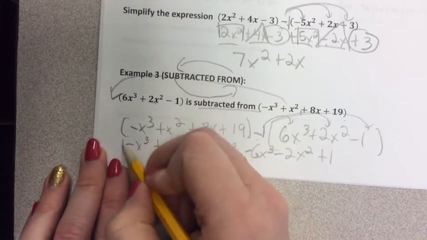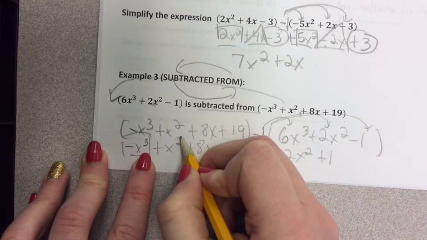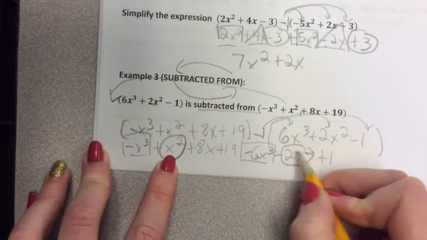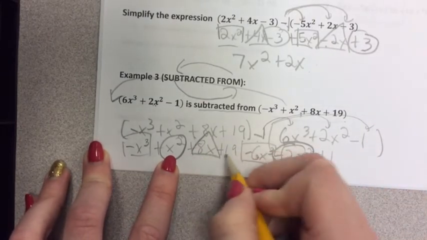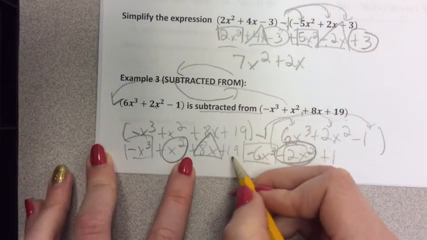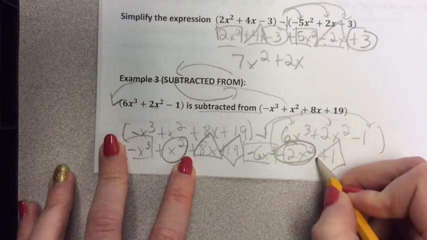So I have an x cubed here, another x cubed here, an x squared here, an x squared over here, an x here, no other x's to combine with, so that's just going to hang out, and then a constant here and a constant over here.